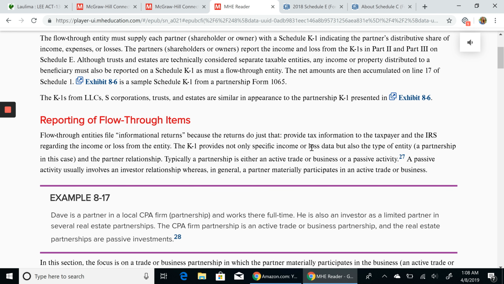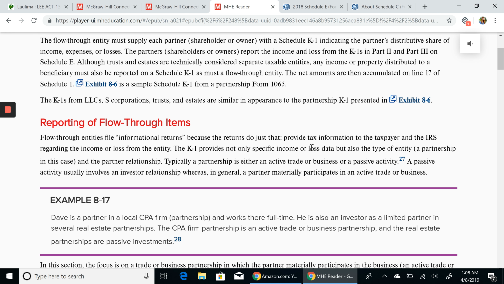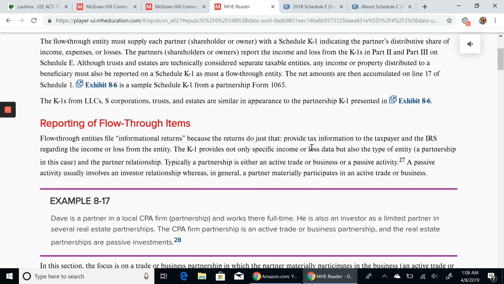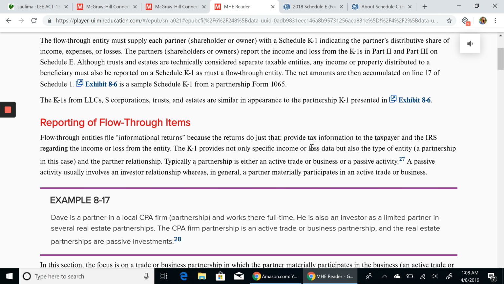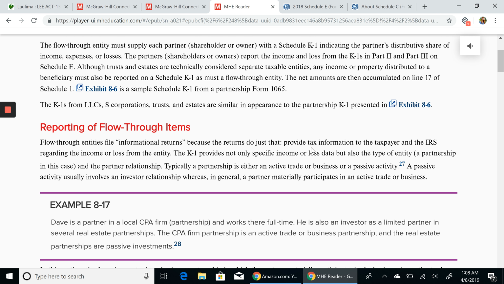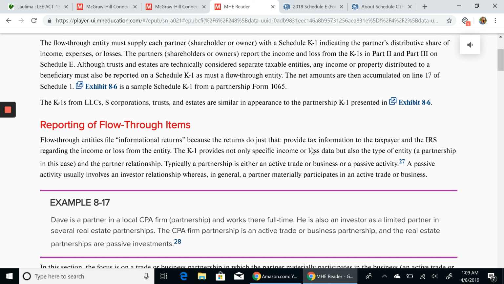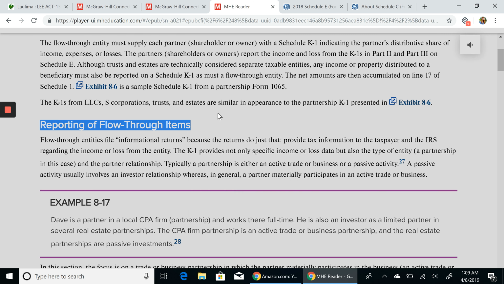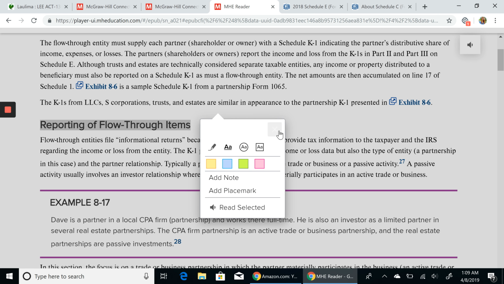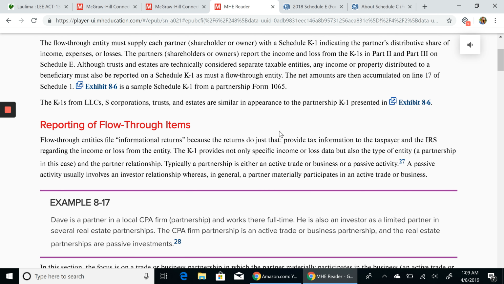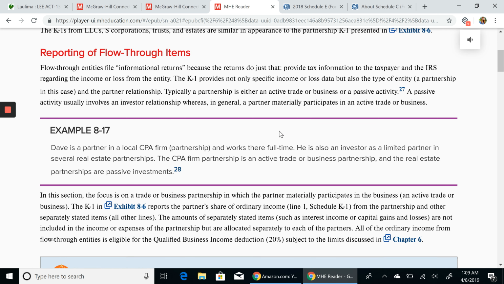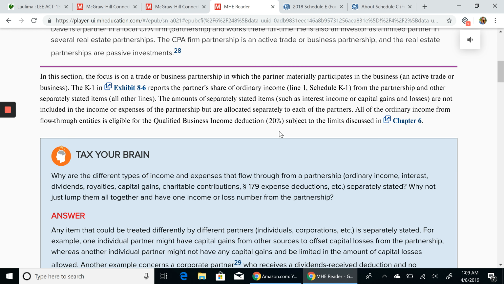The thresholds, limitations and calculations are handled on the personal owner's returns because the activity from the business flows through on a Schedule K. The owner reports a Schedule K-1 with their portion of the activity flowing through.